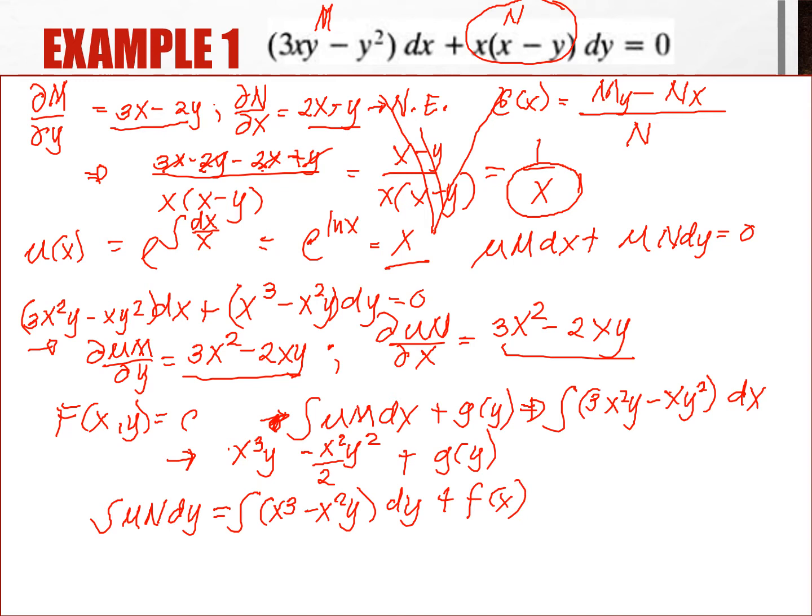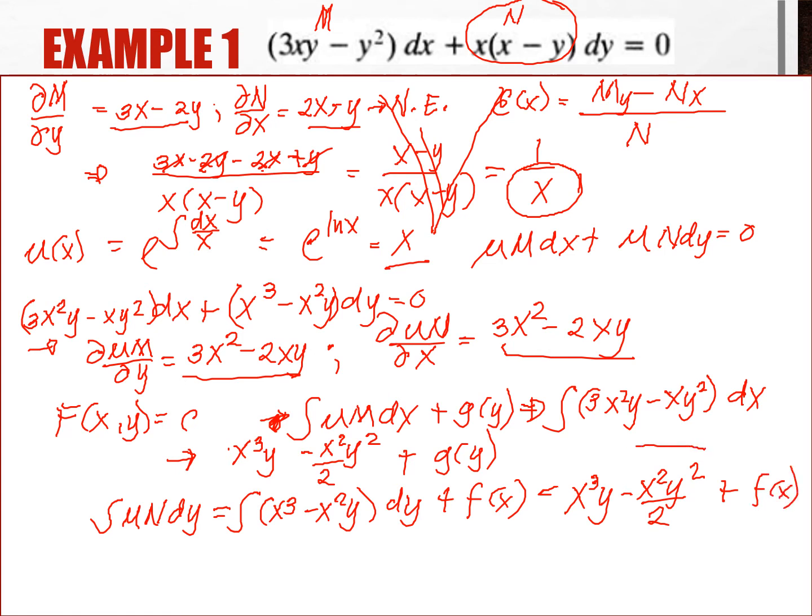Okay, so this becomes the integral of x cubed y, so that. Then the other one is we have negative, say, x squared y squared over 2, okay, as a function of x.